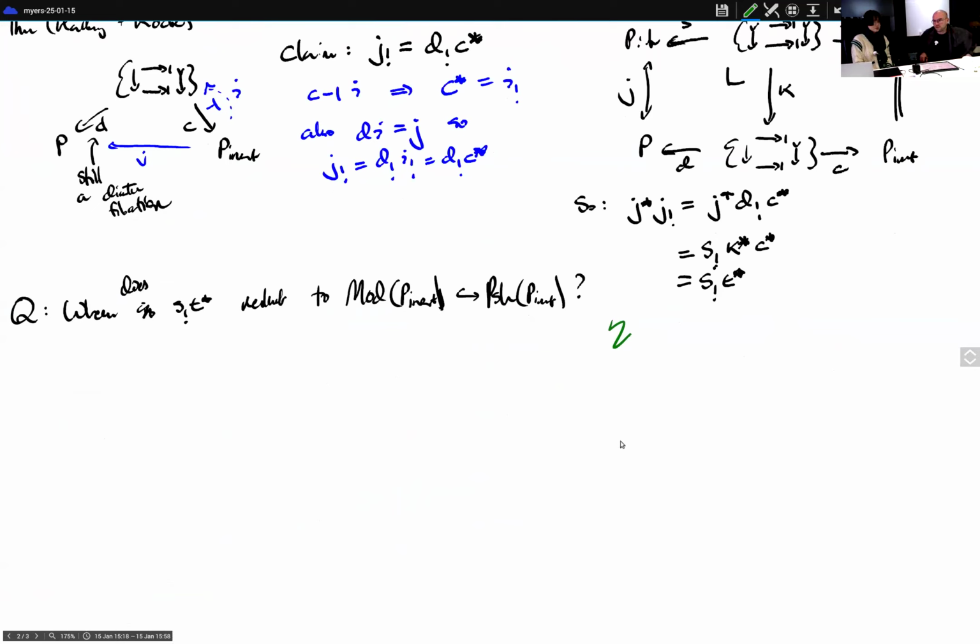So the true statement is that everything in the image is a retract of something in the domain. But that's essentially as far as you can tell. That would imply that their Cauchy completions could be chosen so that they would become identity on objects. It's bijective on objects. Anyway.